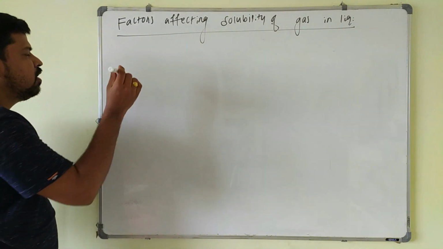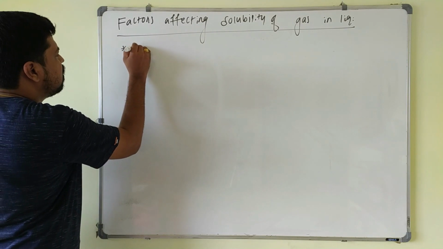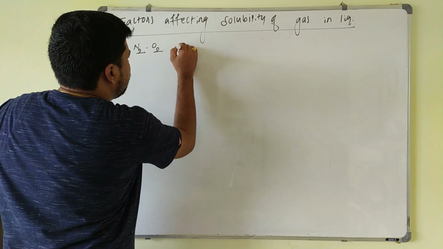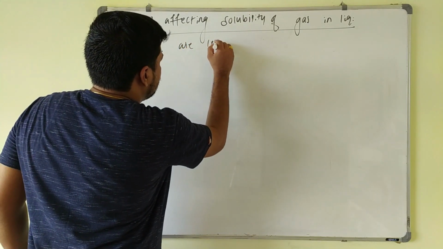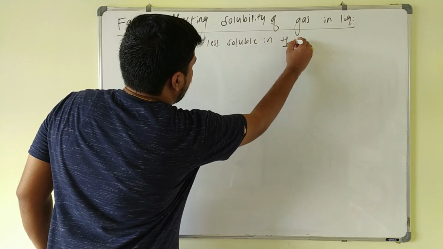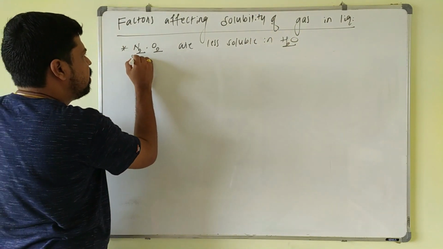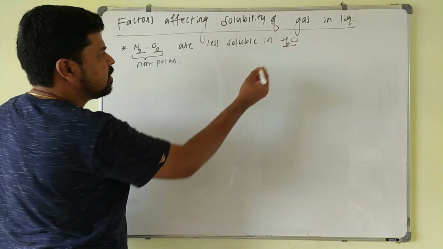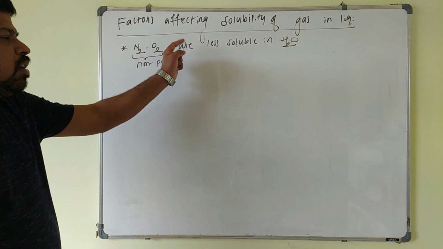For that, usually gases like N2 and O2 are less soluble in water, because water is polar in nature and N2 and O2 are non-polar gases. Non-polar gases are less soluble in water, that is N2 and O2 here.